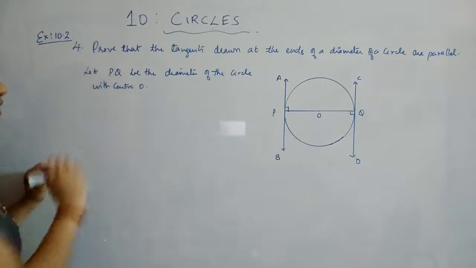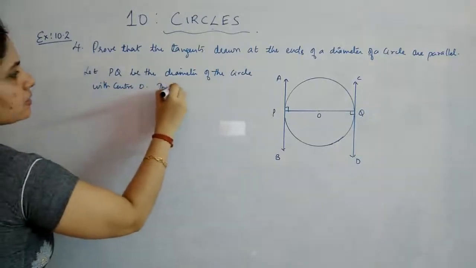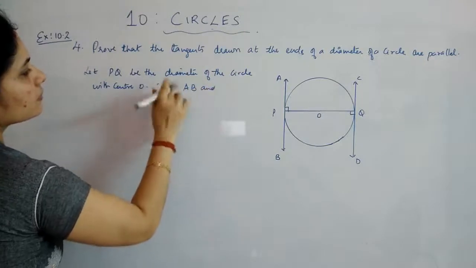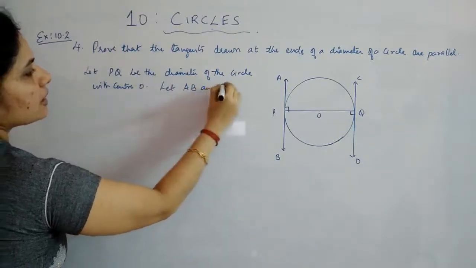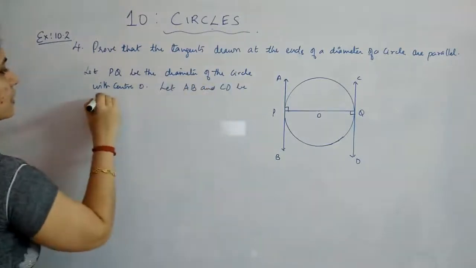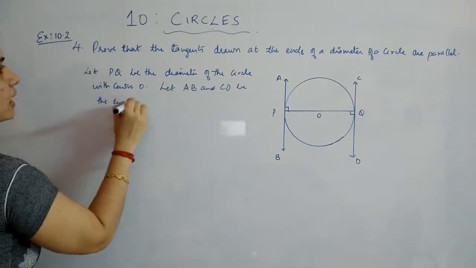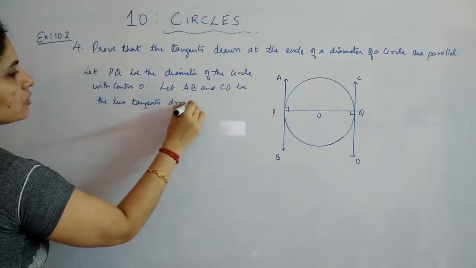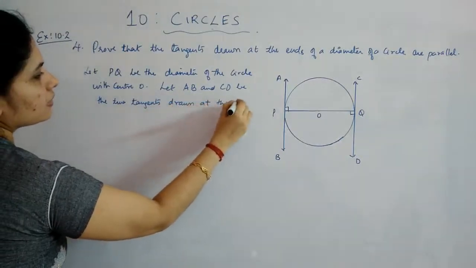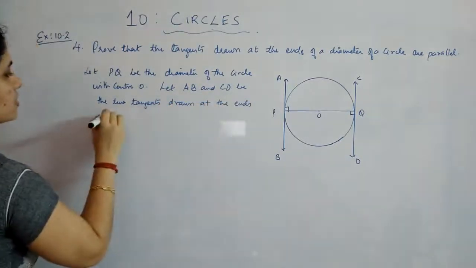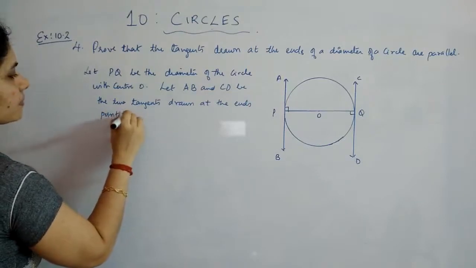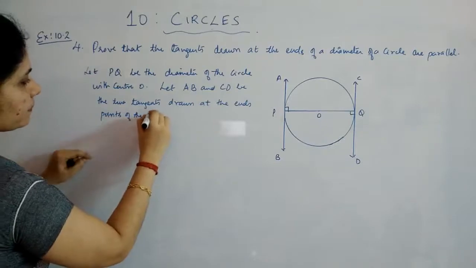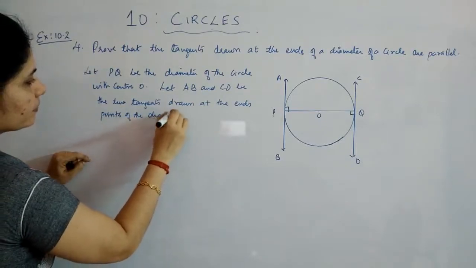With center O, let AB and CD be the two tangents drawn at the end points of the diameter P and Q respectively.